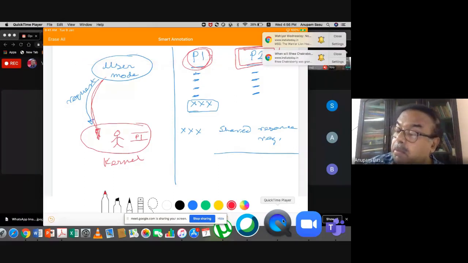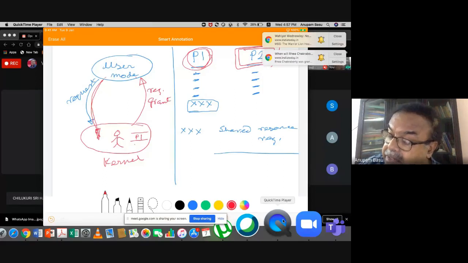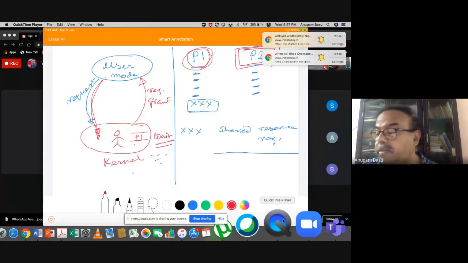And when P2 finishes, P1 will be allowed to sing, right? And when P1 is allowed to sing, then with that permission, it goes back to the user mode because P1 can only work in the user mode. So here it is request and here is a request grant. And here there are waits and everything, and many other things. Is this thing clear?